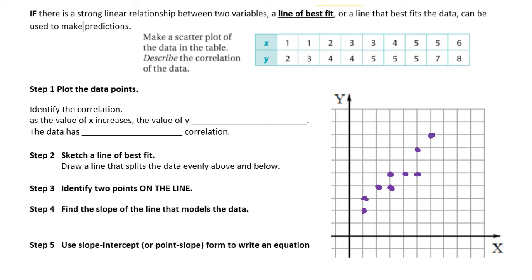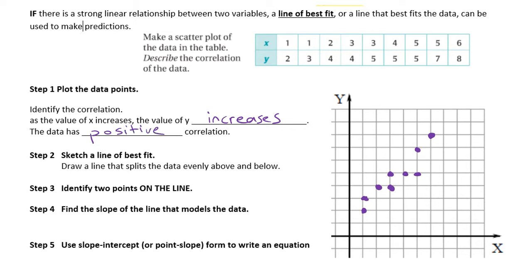Now, after plotting the points, we can identify the correlation. As the x value is increasing, the y value is also increasing. The data has positive correlation, positive slope.